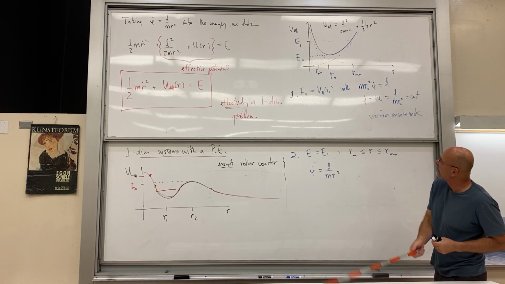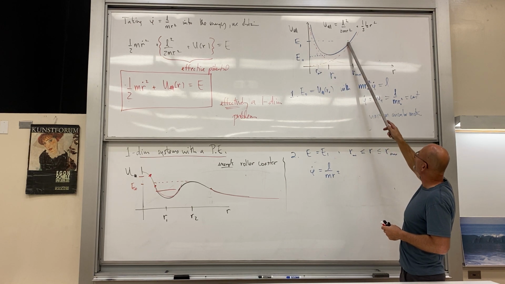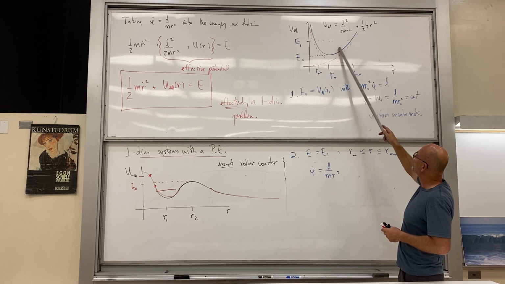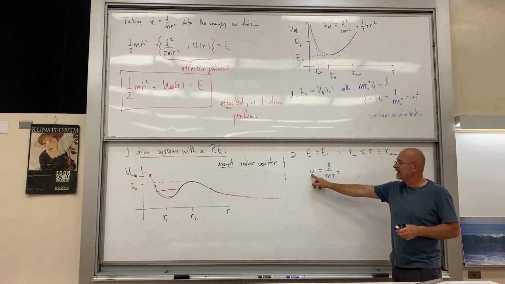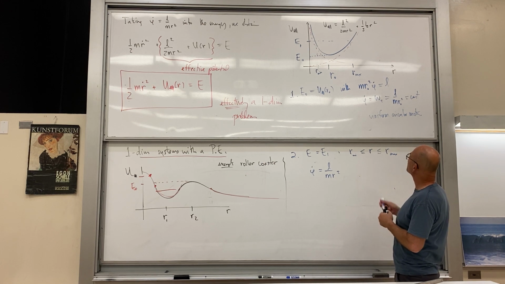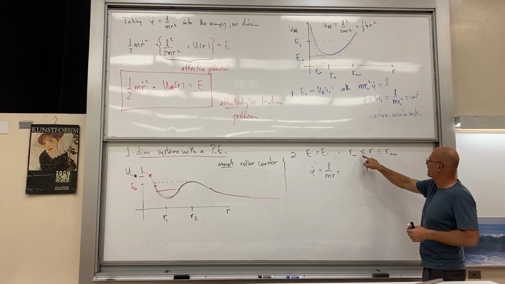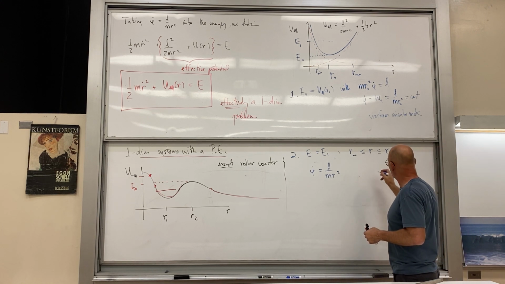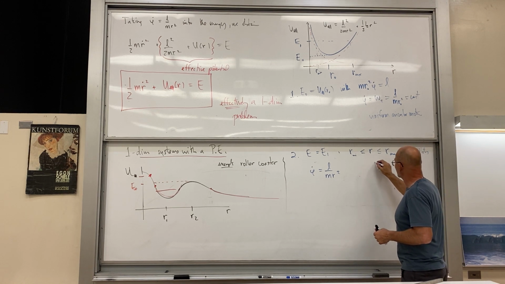But from our one-dimensional motion, we see that there's an oscillation between R min and R max. An oscillation, but at the same time, the angle is changing. So let's make sure we write that down. So R oscillates between these values.